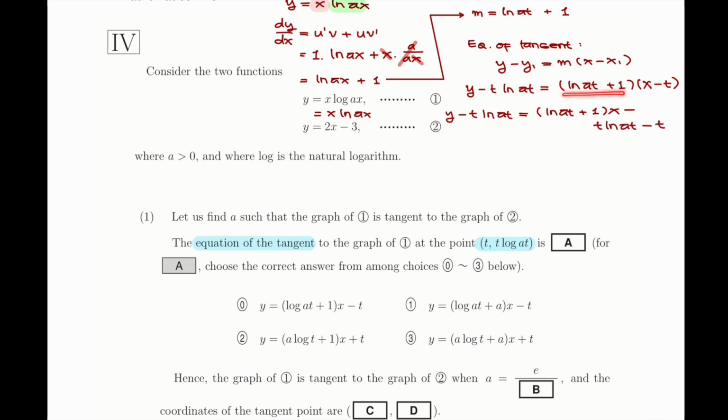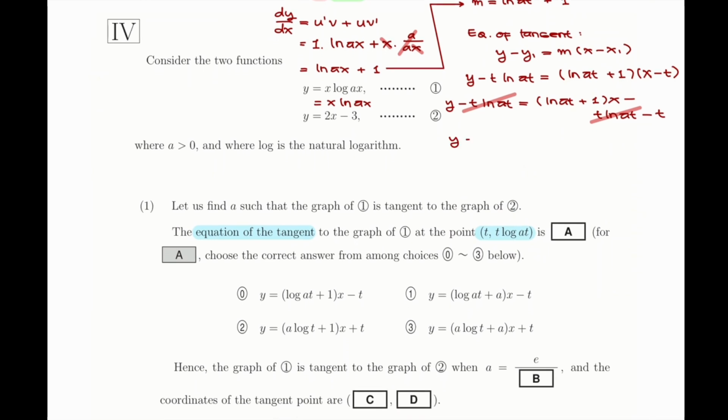This bracket times negative t gives negative t ln at minus t. And then if you simplify it, we can cancel out this term. So I get y equals ln at plus 1 times x minus t.